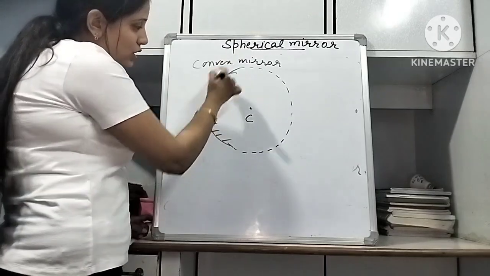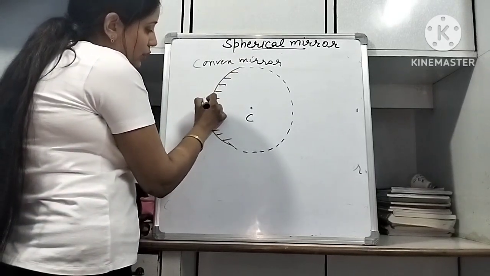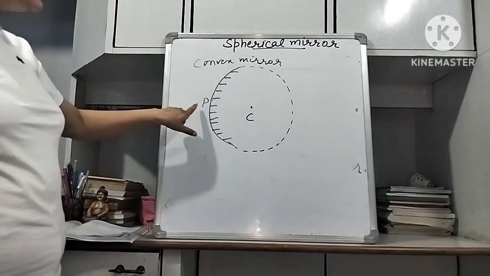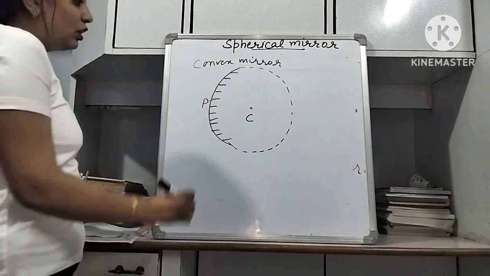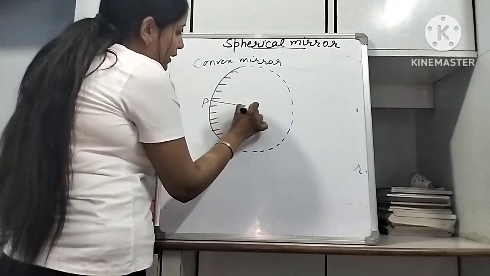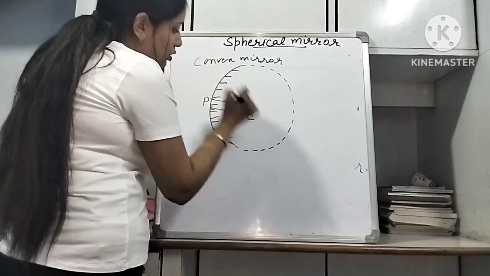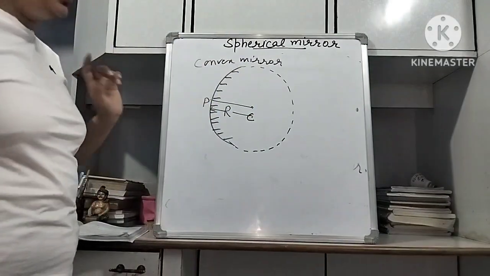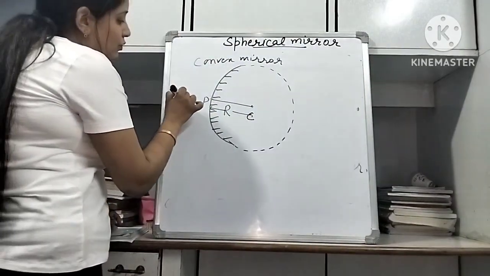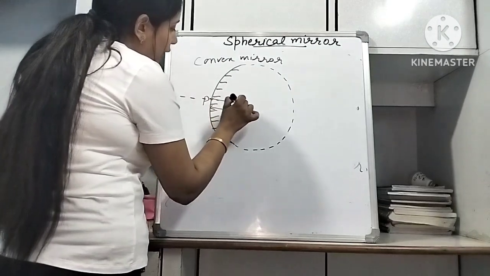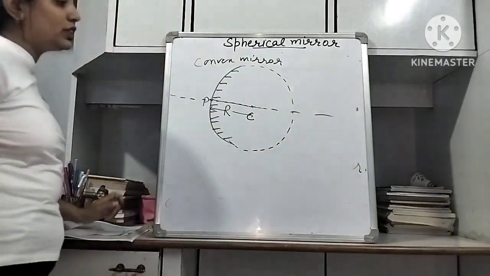The center of this spherical mirror is known as the pole, represented by the letter P. The distance between the pole and the center of curvature is the radius of curvature of this spherical mirror. And a straight line which passes through the pole and the center of curvature is known as the principal axis.